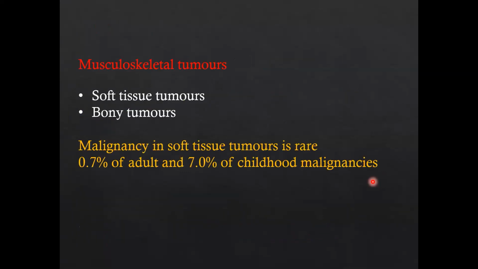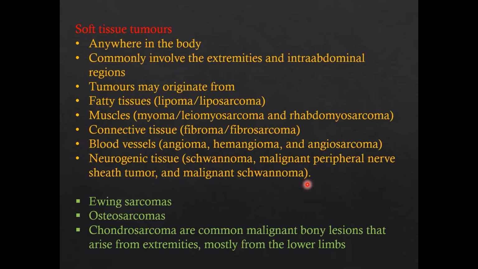So, coming back to the important musculoskeletal tumors, there are soft tissue tumors and bony tumors. Malignancy in soft tissue tumors is rare, that is 0.7% of adult and 7% of childhood malignancies. Soft tissue tumors can be anywhere in the body, commonly involving the extremities and intra-abdominal regions.